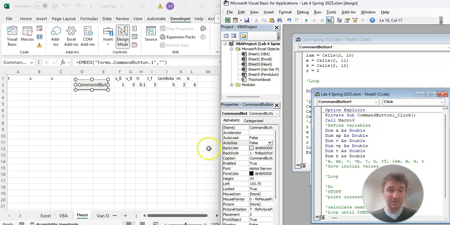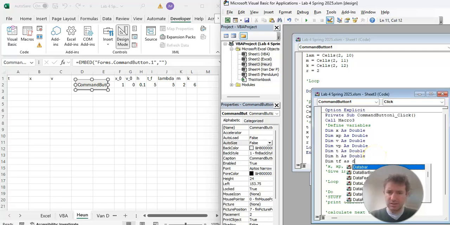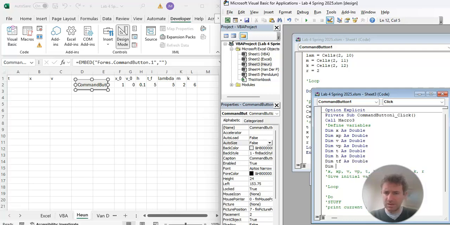I'm actually going to stop to make the note about long versus integer for the row. Dim tf as double, dim lam as double, dim m as double, dim k as double, and dim r as long, but integer should be okay.